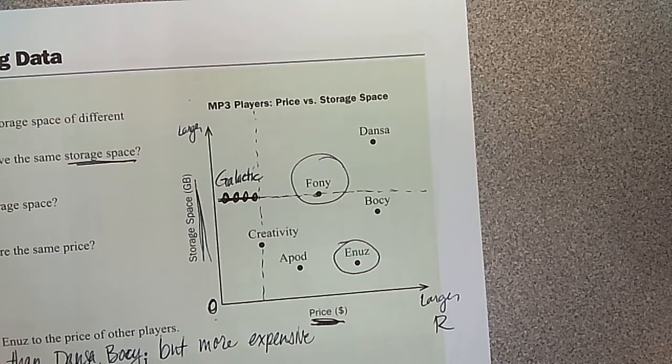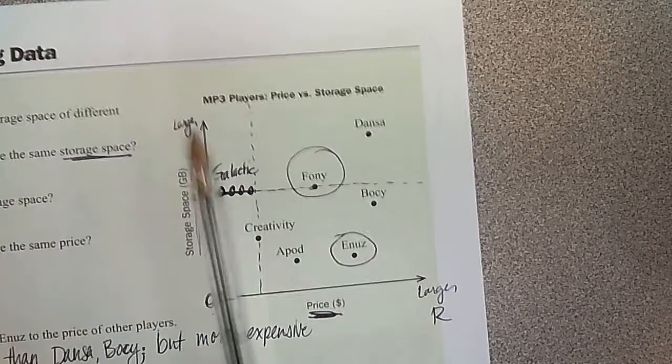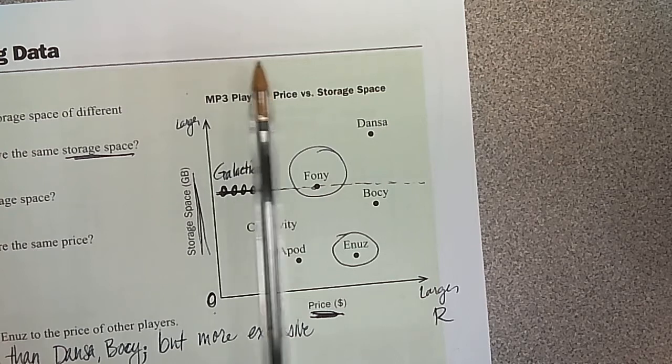You have listed the MP3 players in order by price and storage space. What is one observation about MP3 players that is easier to see on the coordinate plane than on your list from problems 2 and 3? So we just put them in order by price, so we know which one's the cheapest.